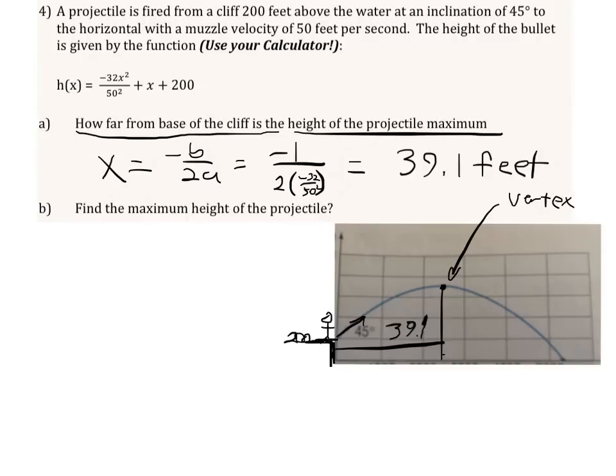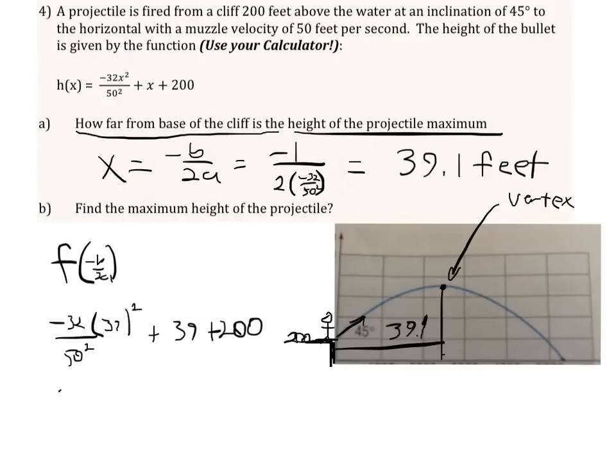Alright? Then they want to know what's the maximum height of the projectile. Well, then find what f of negative b over 2a is. Find the height from that. So you plug that back in. So it'll look like this. Negative 32 over 50 squared times 39 squared plus 39 plus 200.